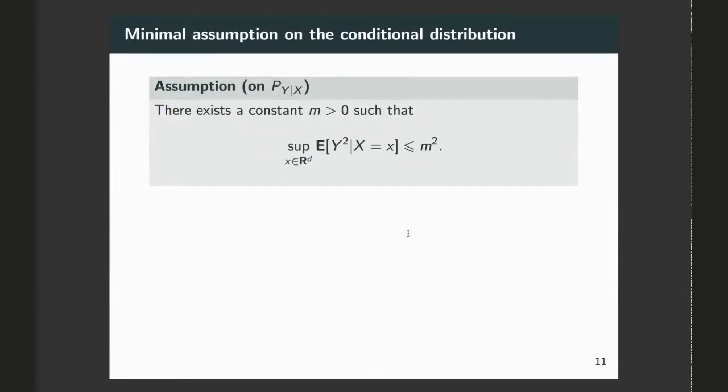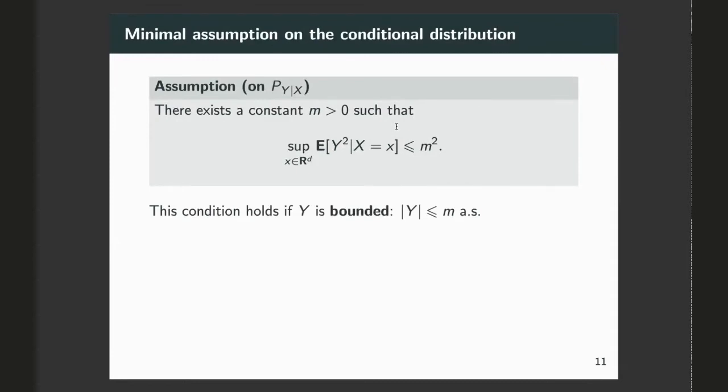So I will answer the second one straight away. Our main condition on the conditional distribution of Y given X is a bound on the conditional second moment. The condition says that there is a constant M squared such that for every X, the conditional expectation of Y squared given X is smaller than M squared. So this will be our only condition for the rest of this talk.